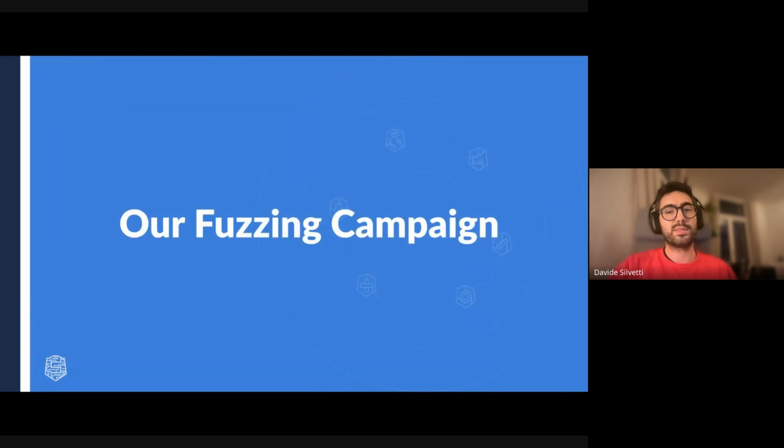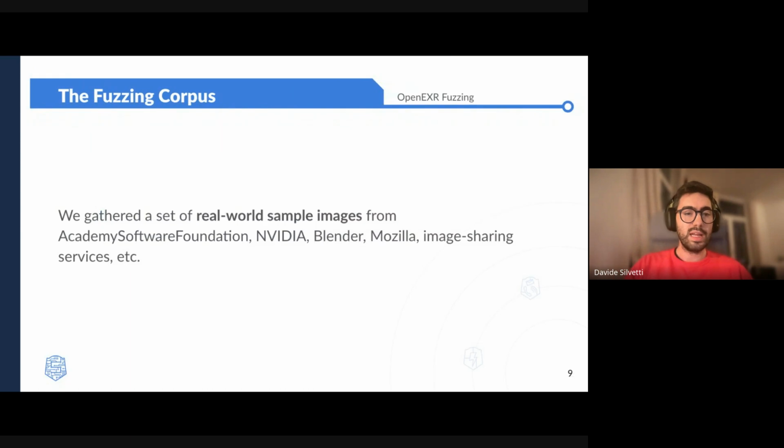So since we only had a few days to perform this gig, and since we are talking about memory unsafe languages, we decided to start a fuzzing campaign. Before starting, we tried to build a fuzzing corpus, that is, a set of test cases to run our fuzzer.